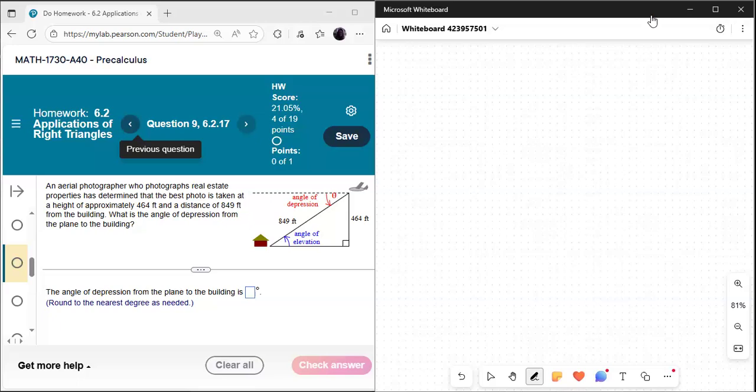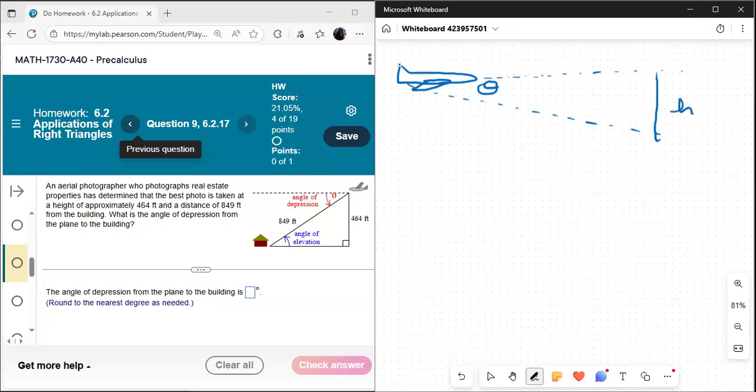So to understand angle of depression, say we are a plane and you're flying at a horizontal, right? If it starts to descend, the angle of depression would be this right here.